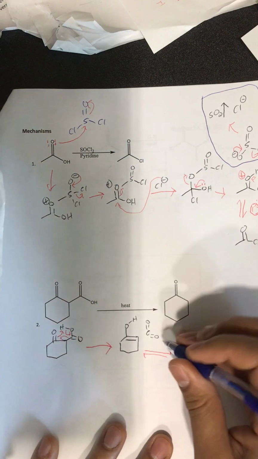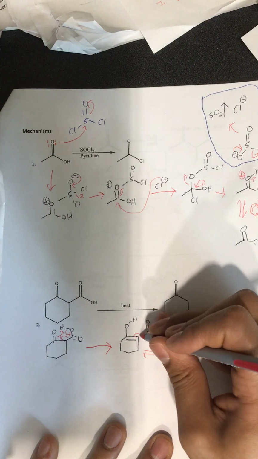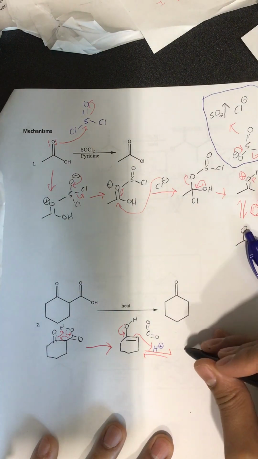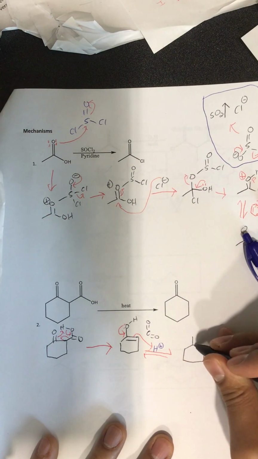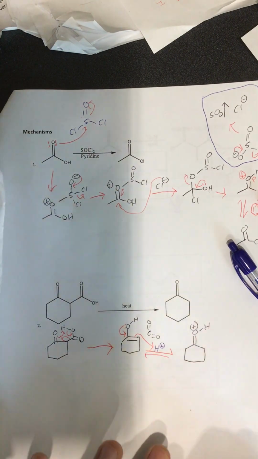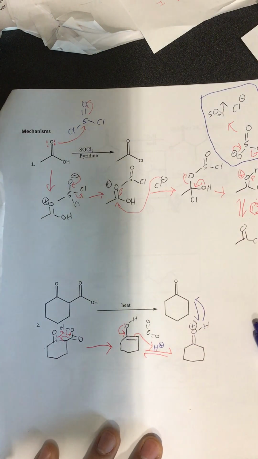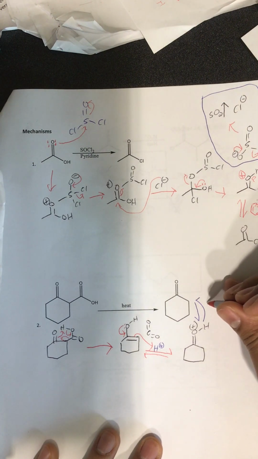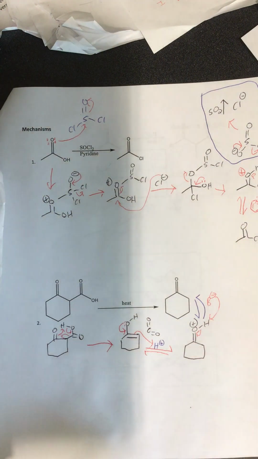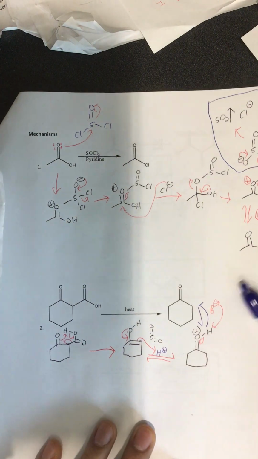So I have a carboxylic acid, so I have to be in some sort of acid, right? Do some sort of H+. If you want to be like, Edward, how do I know which acid to use? You could literally use another carboxylic acid from this if you really, really want to. And then we come here to this one here, and we do that by just using some sort of base. Let's take this, like that. And again, you can use water if you want. You could use whatever. So, good.